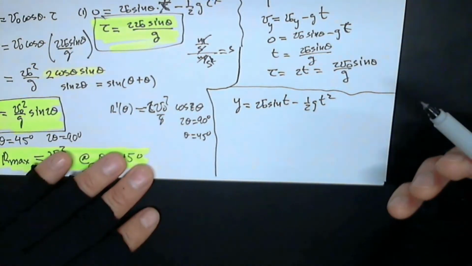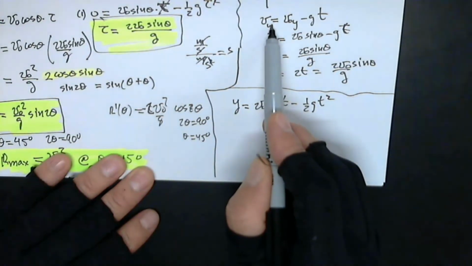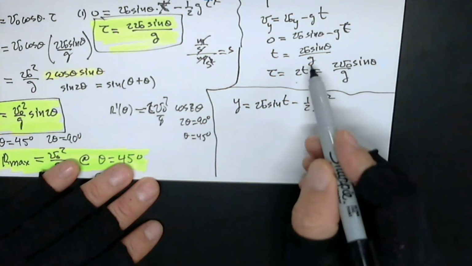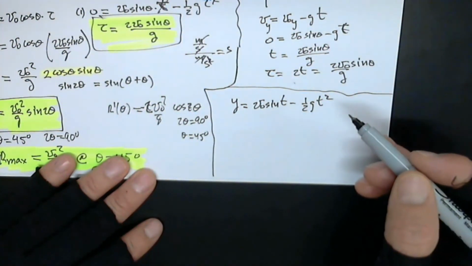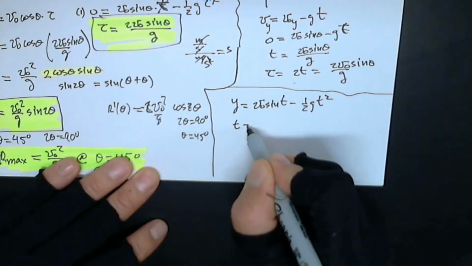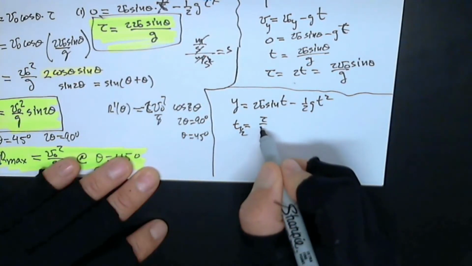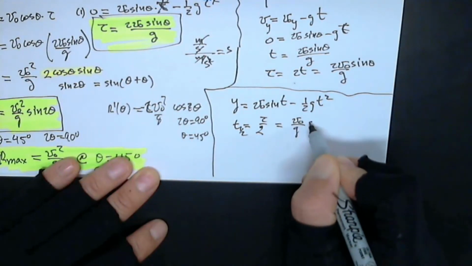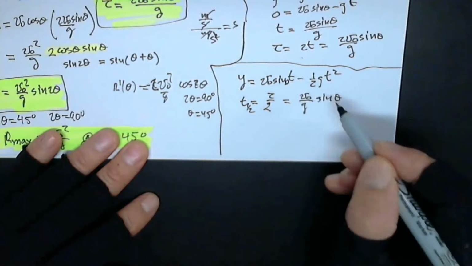But if you want to prove it, just take the derivative of this, set it equal to 0, and you get this time. You find the derivative of y, that is the velocity. And when the velocity is 0, what is that time? That time, let's call it t half, is tau over 2, which is v naught over g sine of the angle. We are going to substitute this over here.